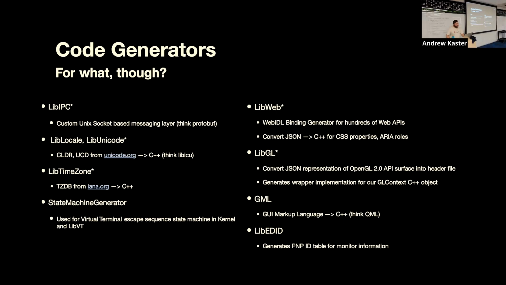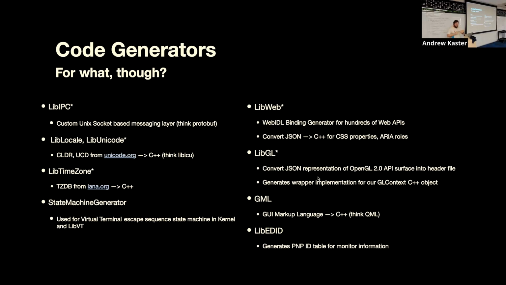That's a giant one. One of the generators actually consumes every single IDL file and then figures out which of them should be exposed on the window versus workers versus shared workers. And I wrote that one, it's a mess. Next, we have a bunch of generators that convert JSON into C++ for things like CSS property lists and attributes of CSS properties, ARIA roles, that sort of thing.